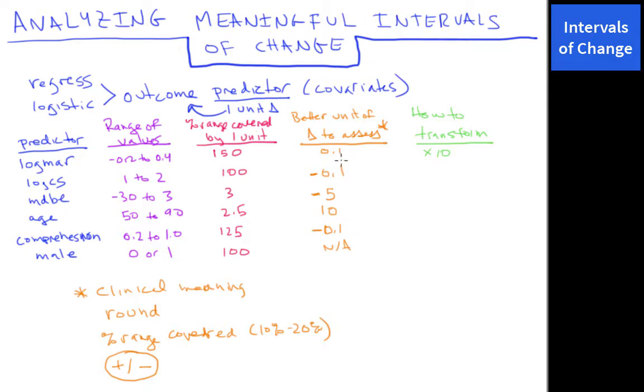If we want to look at a 0.1 unit change, here we'll want to multiply by negative 10, so it's 0.1 but negative. When we have a number that we want to look at as a larger number, we actually want to divide. So here we'll divide by negative 5. Here we'll divide by 10. And again, this will be the same as above, where we'll multiply by negative 10. And there's nothing to do over here.